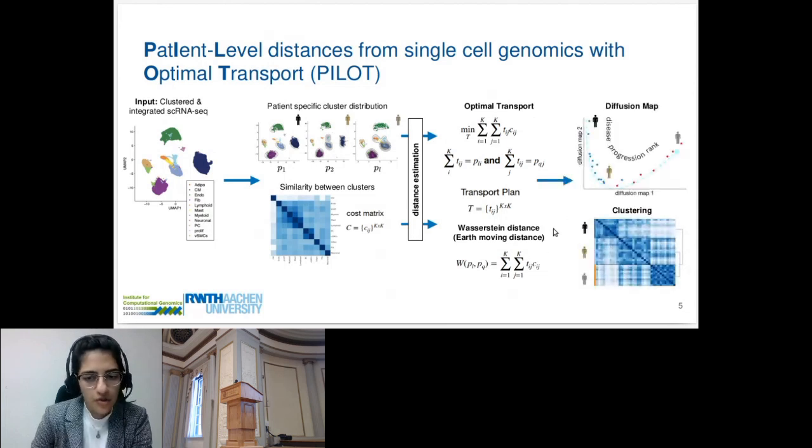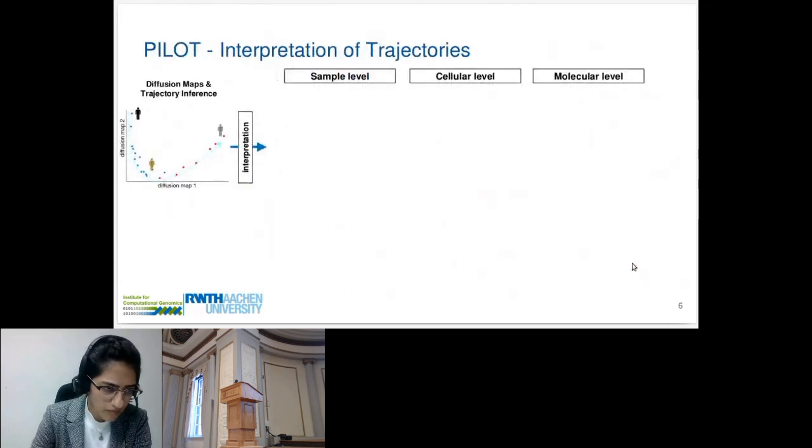Graph structure learning on the diffusion map provides a disease progression rank. This disease trajectory represents the similarities of multi-scale molecular profiles of the patients. We can also cluster the patients based on their distances, but here I'm just focused on seeing them as a continuum.